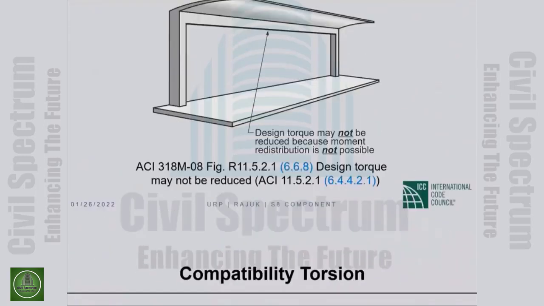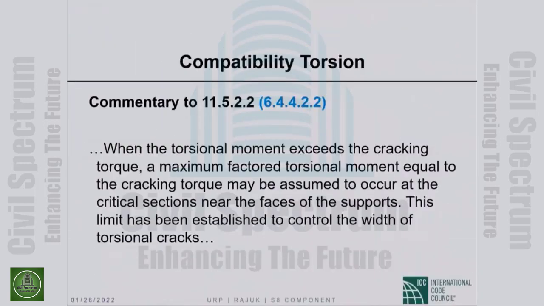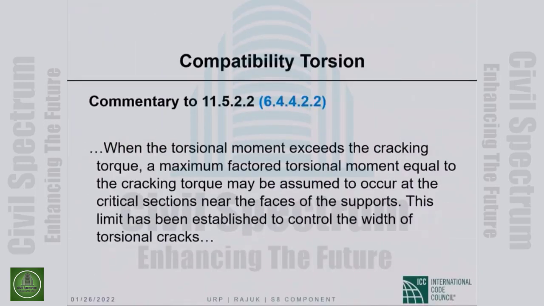Okay, this I have shown you: equilibrium torsion, compatibility torsion. Compatibility torsion, this is further description when the torsional moment exceeds the cracking torque. A maximum factored torsional moment equal to the cracking torque may be assumed to occur at the critical section near the faces of the supports.